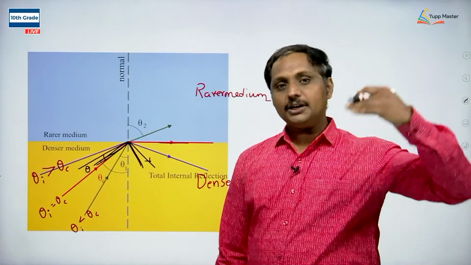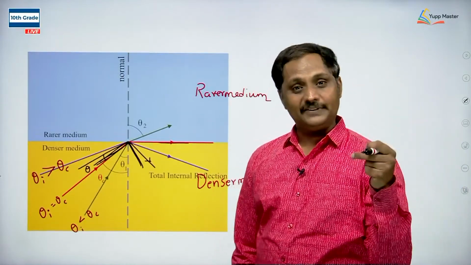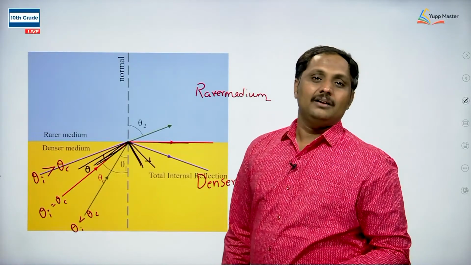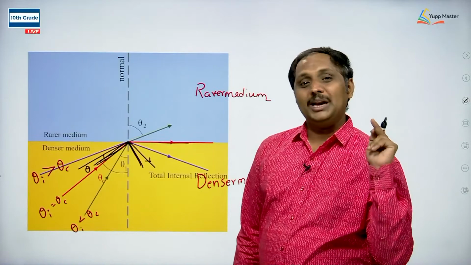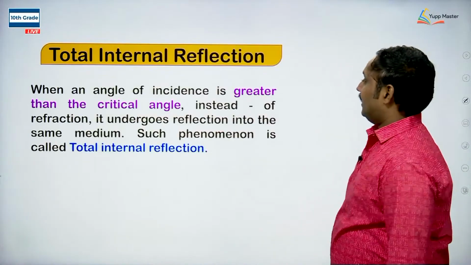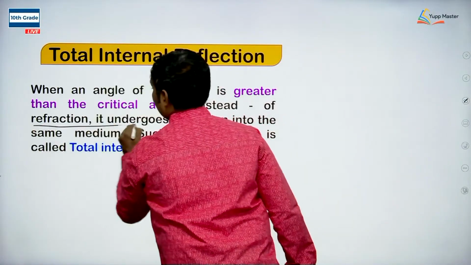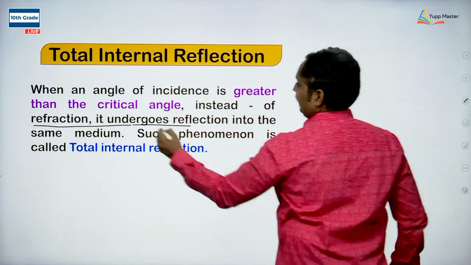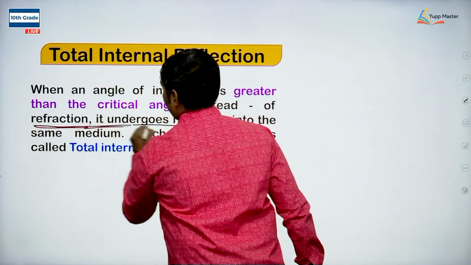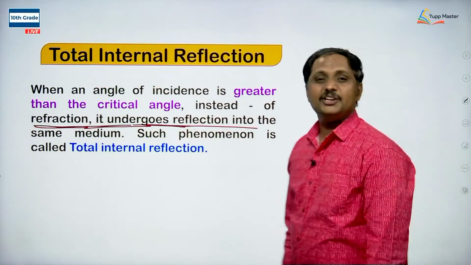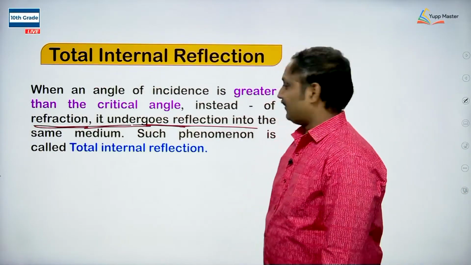But after that, when you change the angle of incidence, it is going to exhibit a different phenomenon, that is total internal reflection. Instead of refraction, it undergoes reflection into the same medium. Such phenomenon is known as total internal reflection. It's very clear.